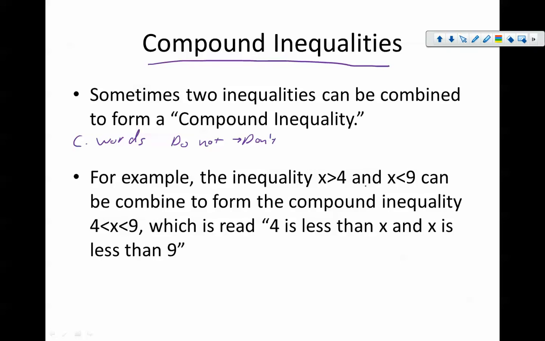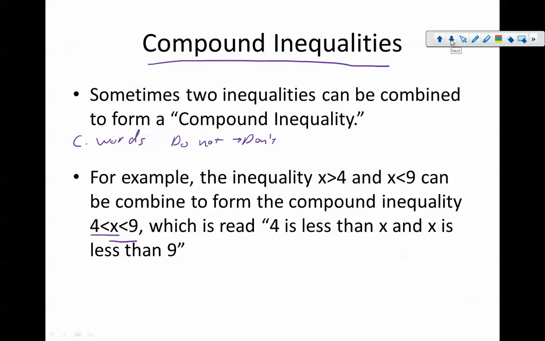If we have an inequality that says x is greater than 4, and x is less than 9, we can combine those to be 4 is less than x is less than 9, which we read as 4 is less than x and x is less than 9. So that is a compound inequality. It is two inequalities that we've put together. You've got the one inequality there and the other inequality here.